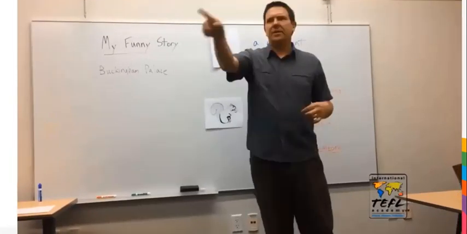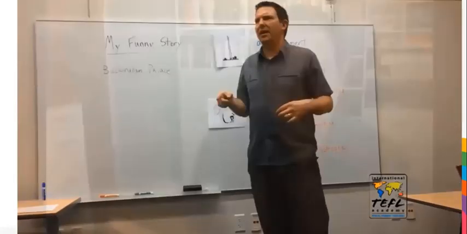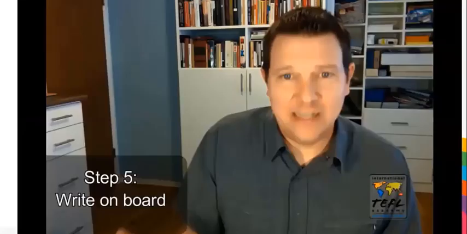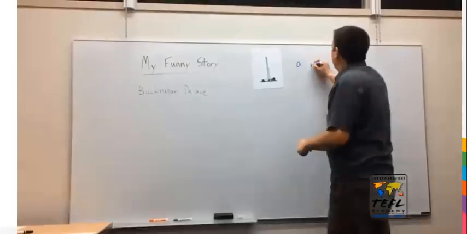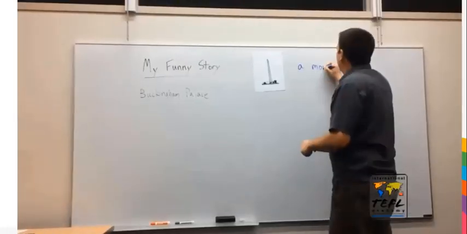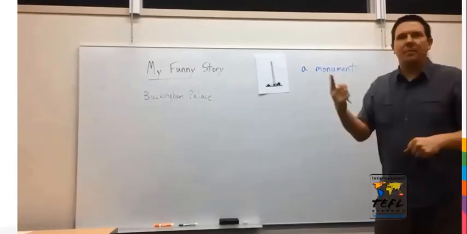Step 5 would be, after that, you said the word, you've elicited it, you've repeated it many times, you've done the concept check questions, go ahead and write it on the board clearly. And sometimes I like to use different colors for different parts. That's a noun, a, because it's countable, 1 monument, 2 monuments.